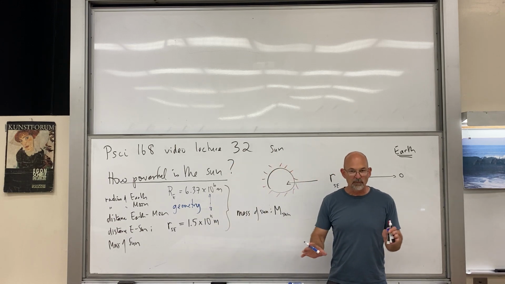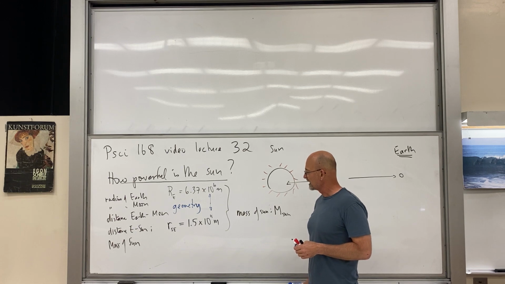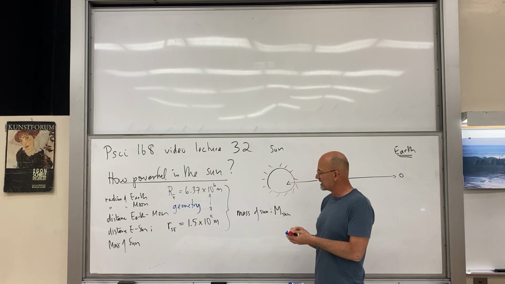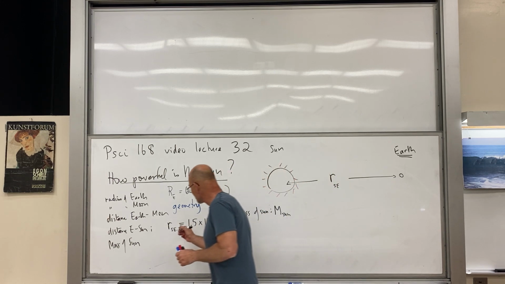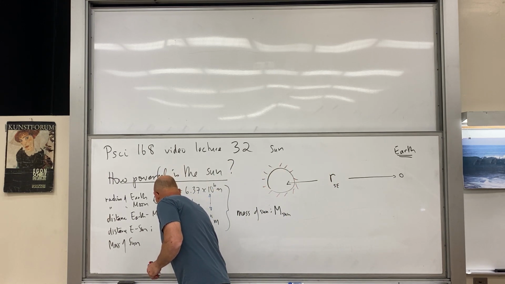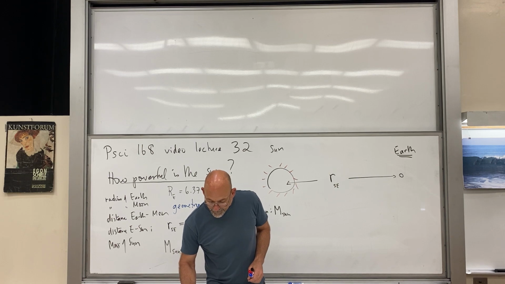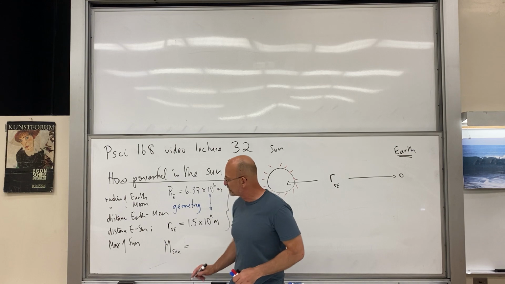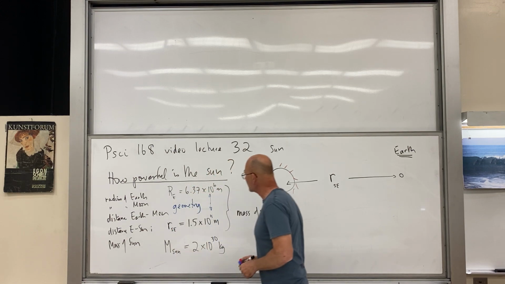Sometimes you need a telescope, you got to make careful measurements, but it's down to geometry. Now the mass of the sun is different. That requires something else, and I'll describe it a little bit. So m sub sun, first of all, let's plug in what we have there. It's enormous. Roughly 2 times 10 to the 30 kilograms. So we're going to make use of that.